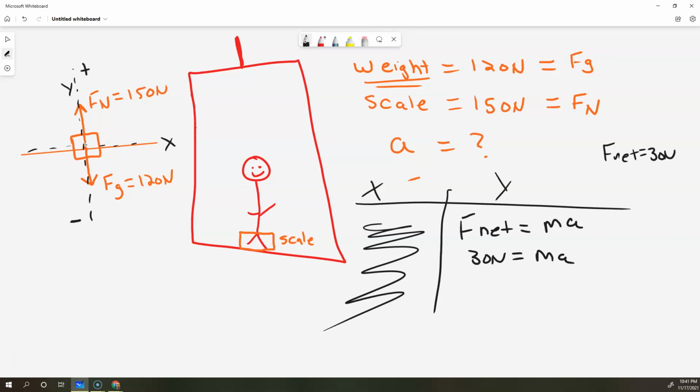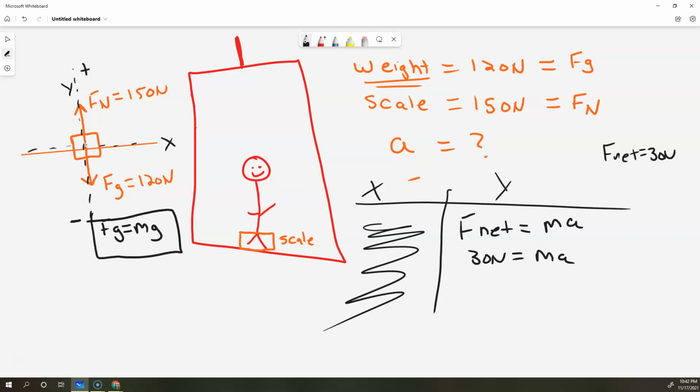Uh-oh. I don't know the mass. Shucks, is there any way I can find it? Well, hopefully you have gotten used to the idea that when we are on Earth, we know the acceleration due to gravity, and we know the relationship between something's weight, its mass, and the acceleration due to gravity. So we always have this at our disposal.